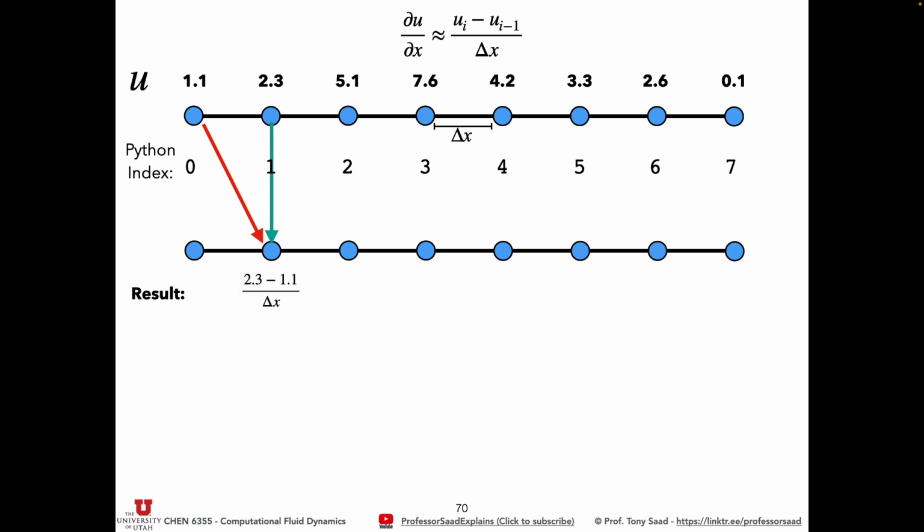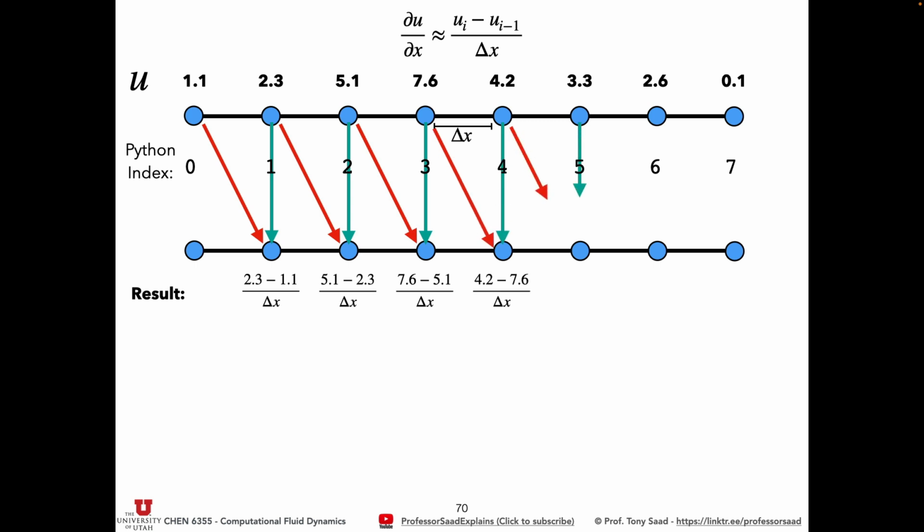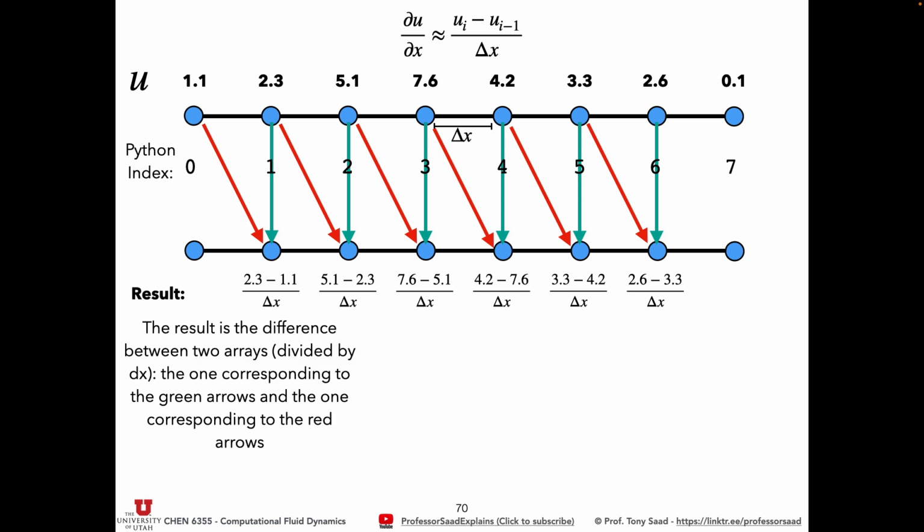Notice now I'm going to have two colored arrows, one green and one red. The next one is 5.1 minus 2.3 over delta x, and so forth, right? 7.6 minus 5.1, 4.2 minus 7.6, 3.3, et cetera, okay? Now notice that the result consists of the difference between two arrays.